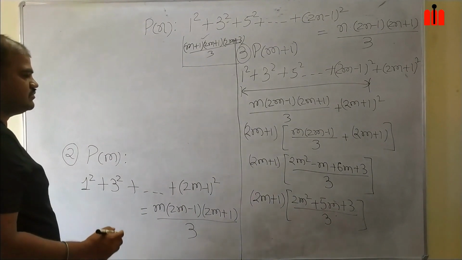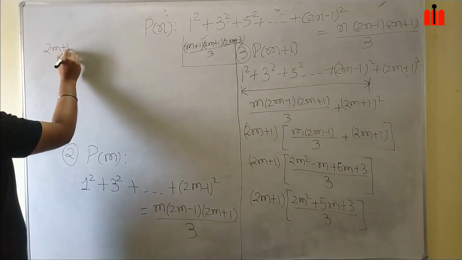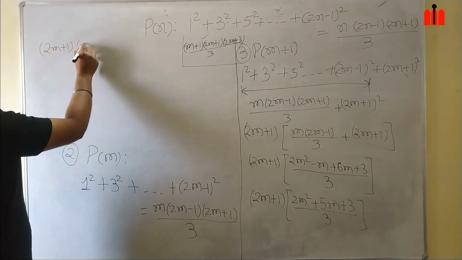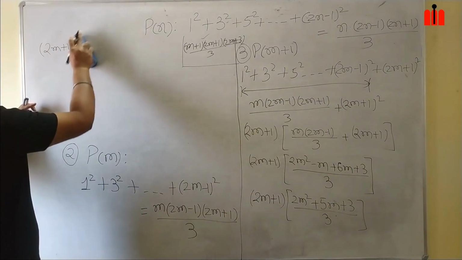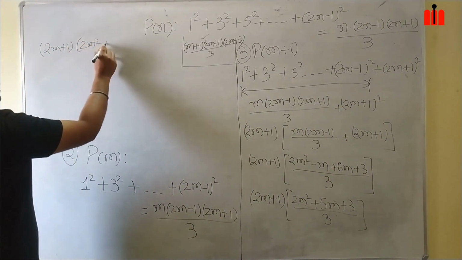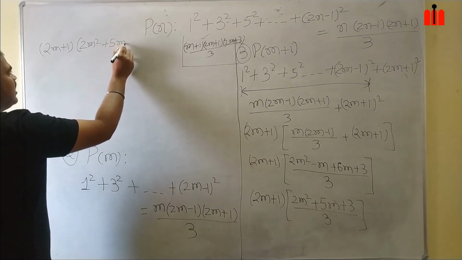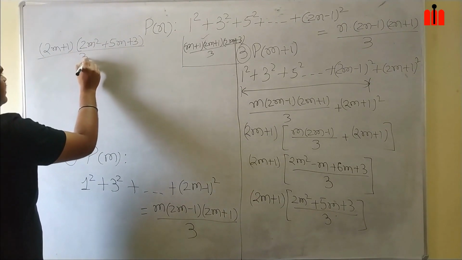Then I will come up with 2m square plus 5m plus 3, whole divided by 3.